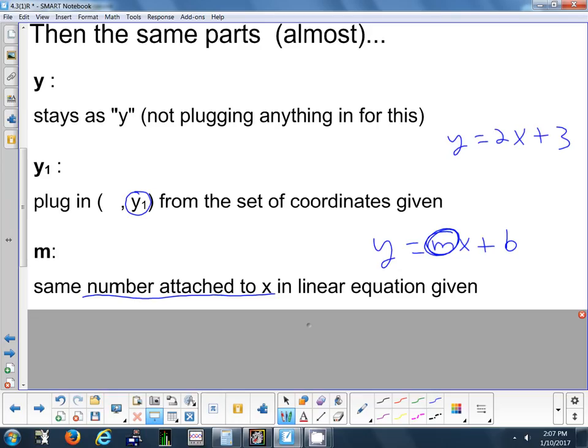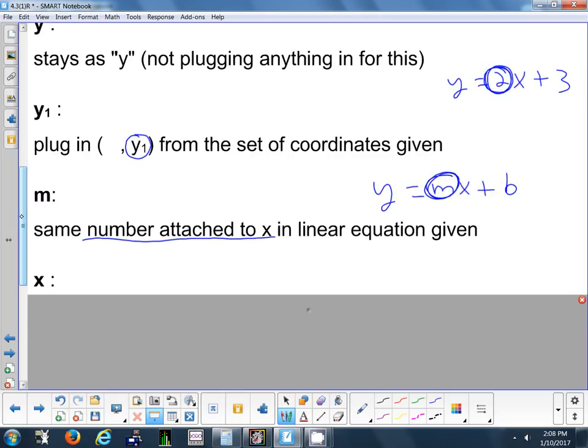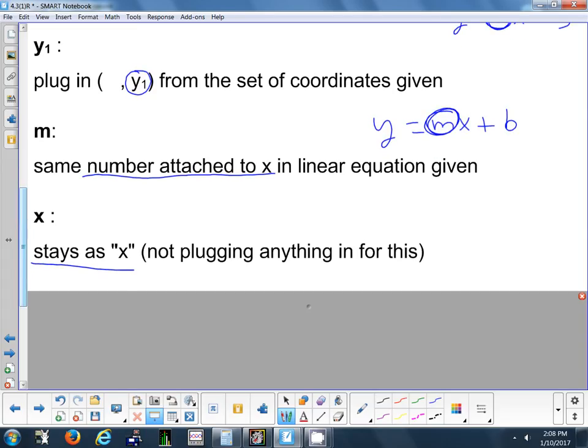Okay? So that's what I'm getting at. All you have to do is use the same slope as whatever they give you. Okay, x. That's the next letter you come across. Do we plug in anything for the x? Nope. Stays as x. That's all you need to know. X stays as x.